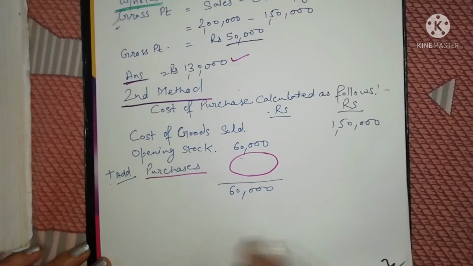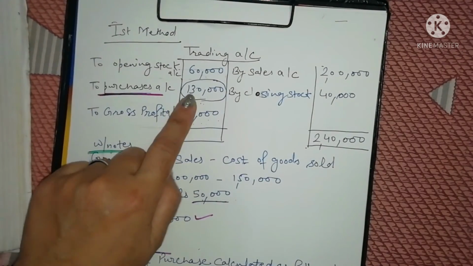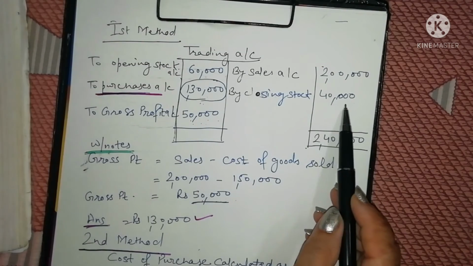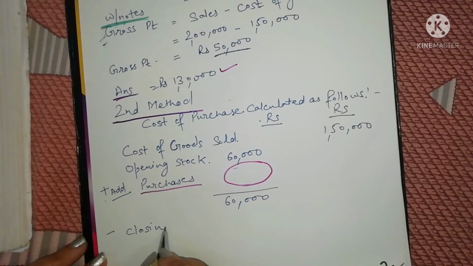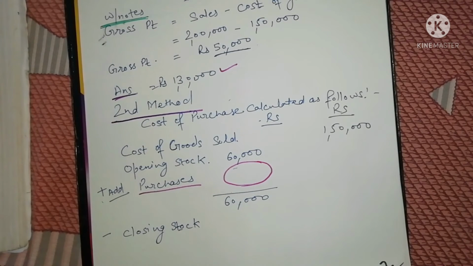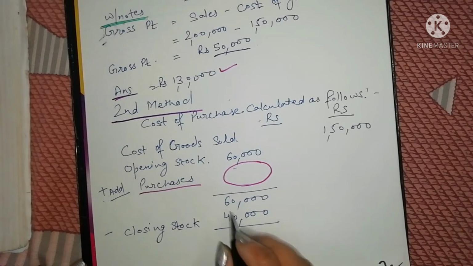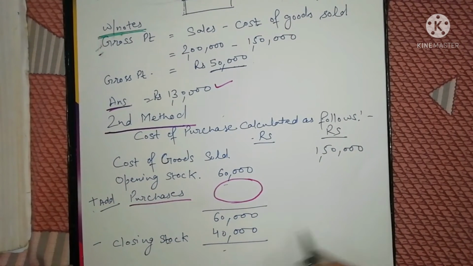and subtract or less closing stock. Why do we subtract closing stock? Because closing stock is shown on the credit side of the trading account. So in this way the closing stock figure, rupees 40,000, is to be subtracted here. Now the figure is 20,000.